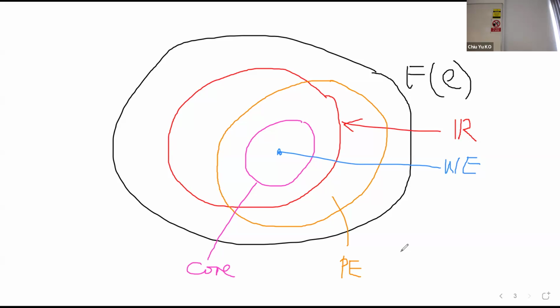We will define precisely what big means: we increase the number of agents in society, more and more people. The core gets smaller and smaller. At the end, they coincide. The core consists of only one element, the Walrasian equilibrium.